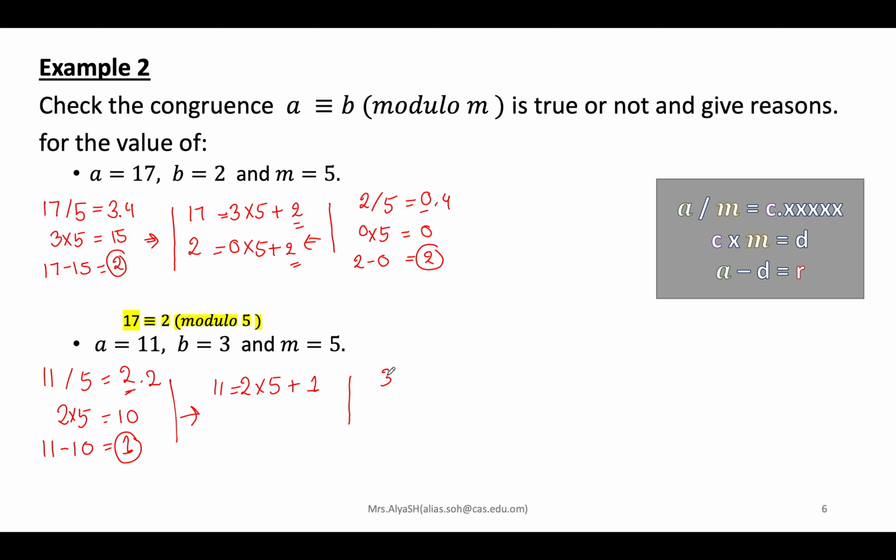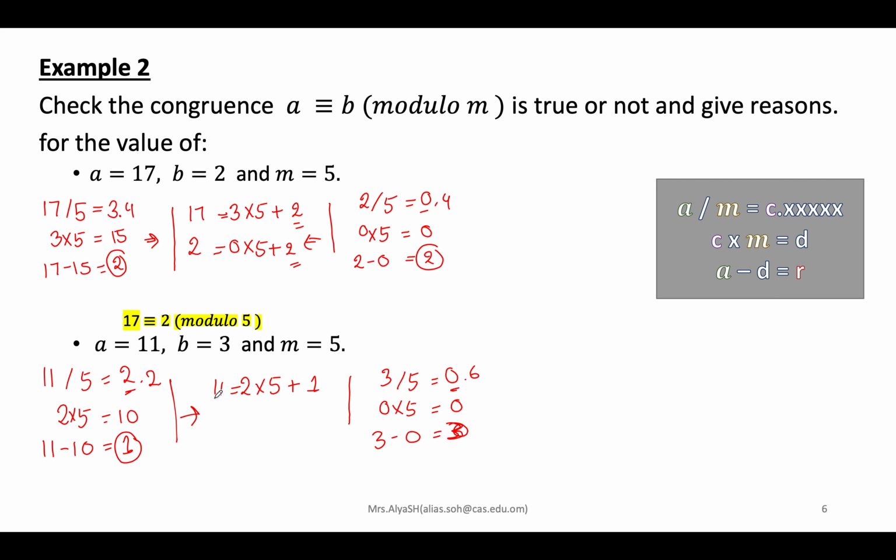All right. Let's check the second number, 3. So 3 divided by 5 equals 0.6. Again, take the number before the fraction point, which is 0, multiply by 5, and we got the result as 0. Then 3 minus 0 equals 3.